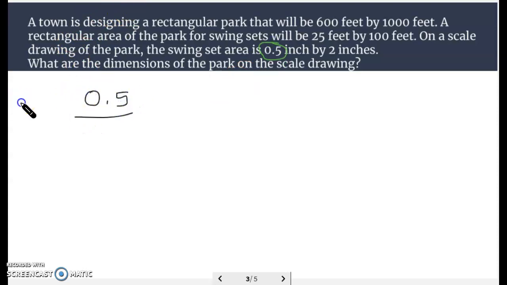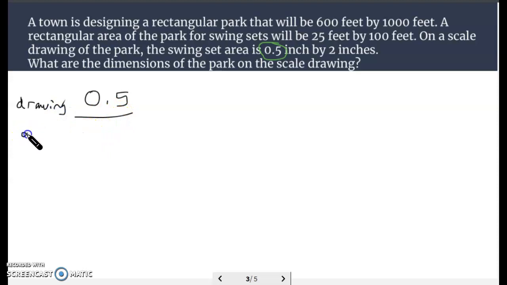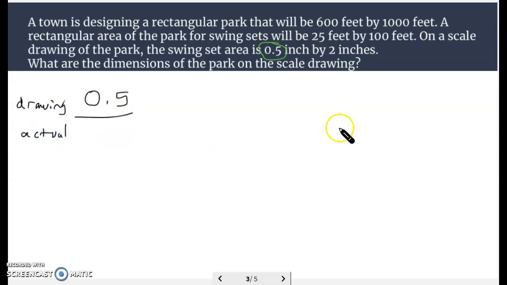0.5, that's the drawing. The top numbers of our ratios are going to be the drawings. The actual will be the bottom. So 0.5 inches on the drawing. The swing set is 25 feet in actuality. Now there's a couple of steps to work here. We need to find the dimensions of the park. So we have this ratio of 0.5 to 25.